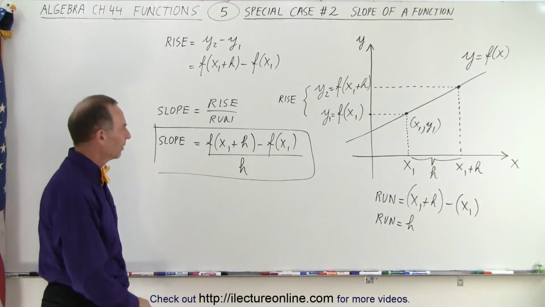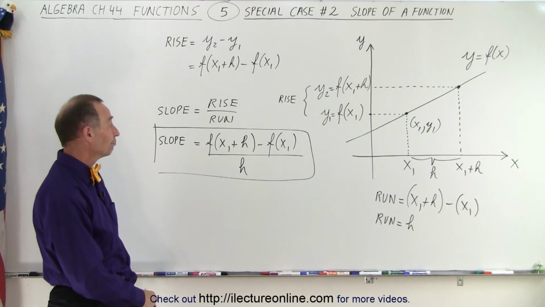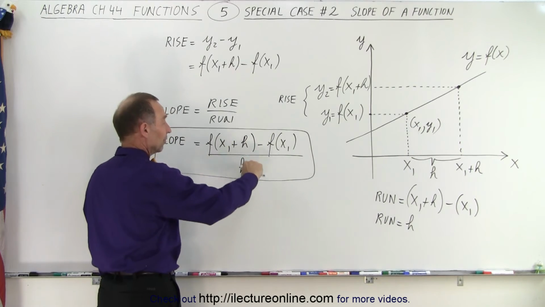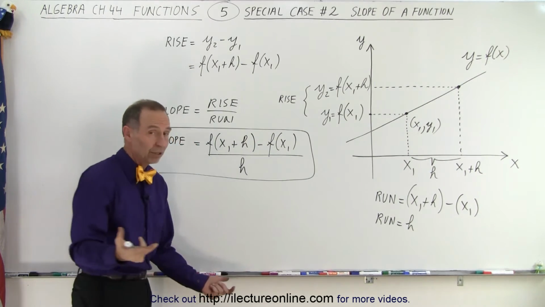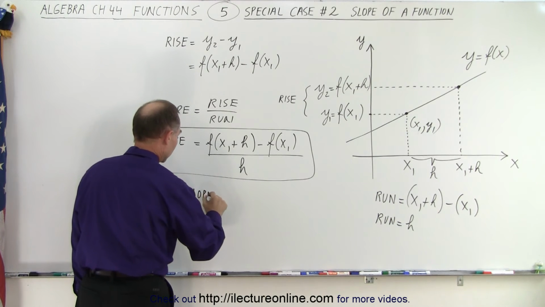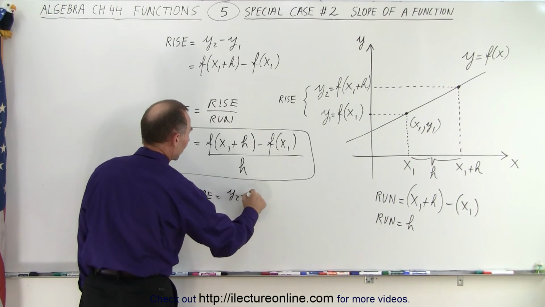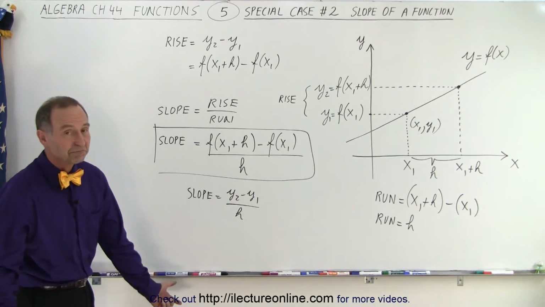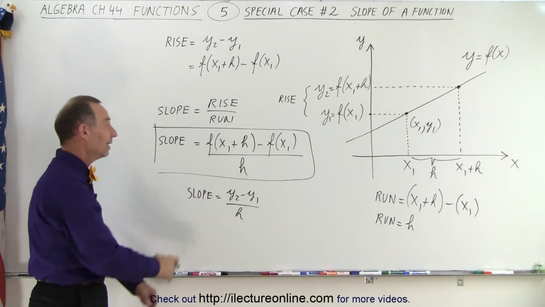And now you may say, what in the world is that? Well, it's simply y2 minus y1, which is the rise, divided by h, which is the run. That's all it is. Essentially, the slope is equal to y2 minus y1 divided by the distance between the 2 points on the x-axis. And that can be written in that form.